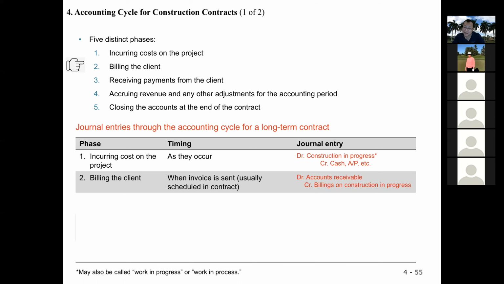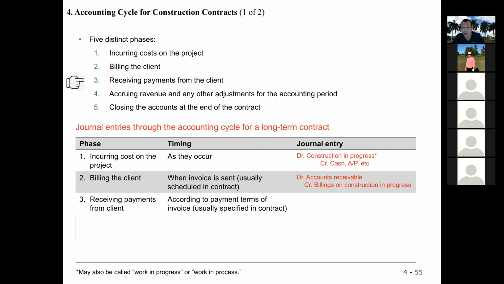Your total revenue, 10 million, because the fixed price is 10 million. In total, you should bill 10 million, because the agreed price is 10 million and you are billing the client over time, but the total amount of the billing should equal 10 million.